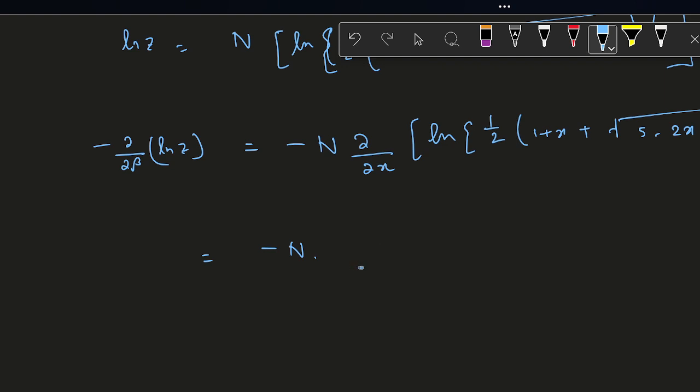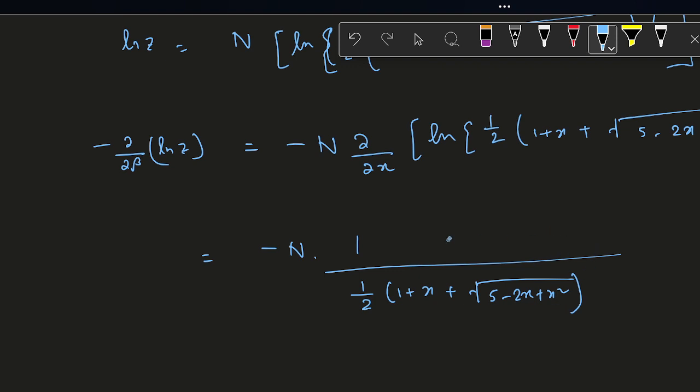So the entire thing comes to the denominator, that is half times (1 plus x plus root over 5 minus 2x plus x squared). In the numerator, you have to take the derivative separately, so it is half times (0 plus 1 plus, this is to the power half, means half, 5 minus 2x plus x squared into 0 minus 2 plus 2x) into del x del beta.